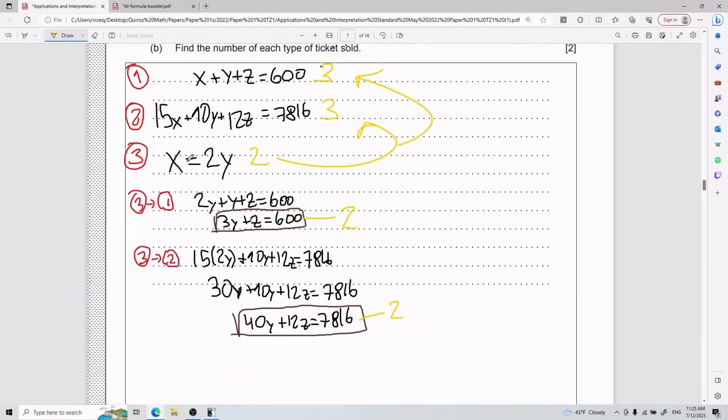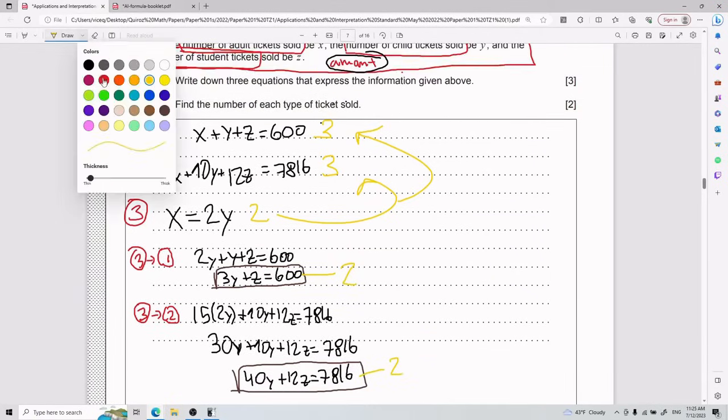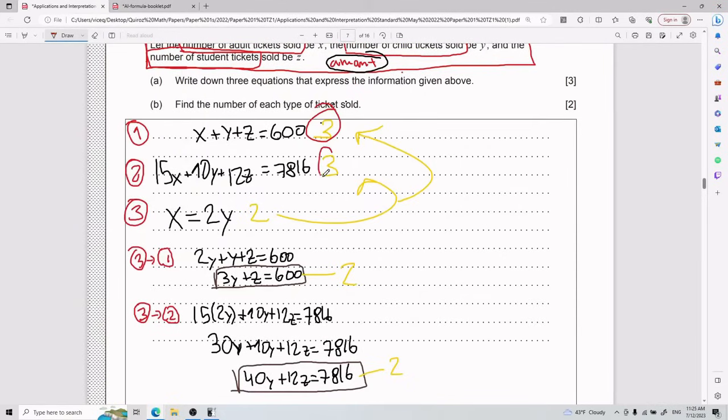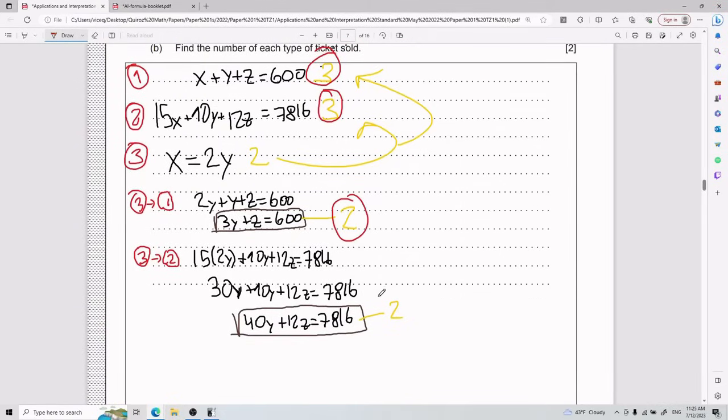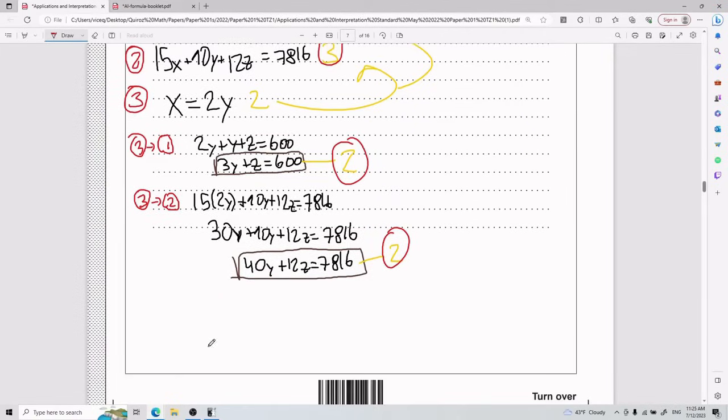And so before, when it was extremely scary that I had 3 variables going around, now I only have 2. So that is the cool thing about substitution and elimination. It helps you get rid of the amount of variables. That is your main goal. If you boil it down to just one variable, then you can reach x equals an actual number, like x equals 9. That is what you're going for.